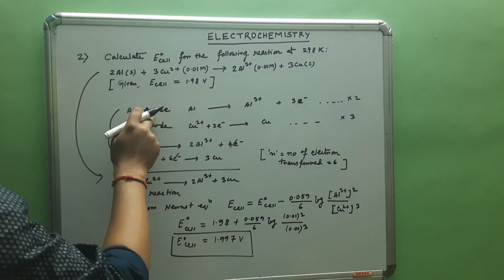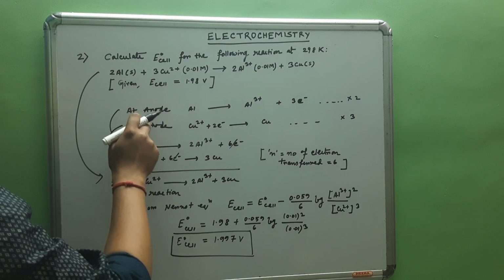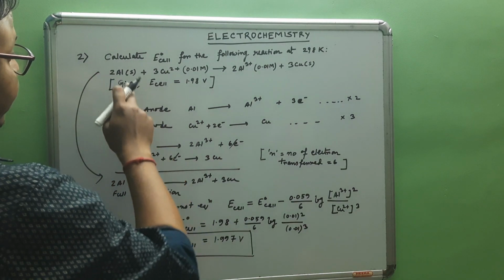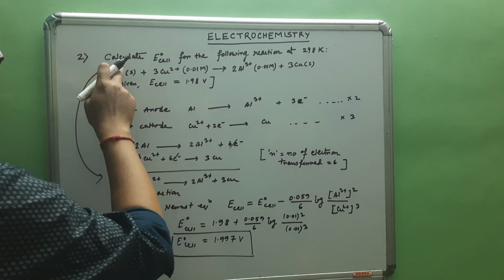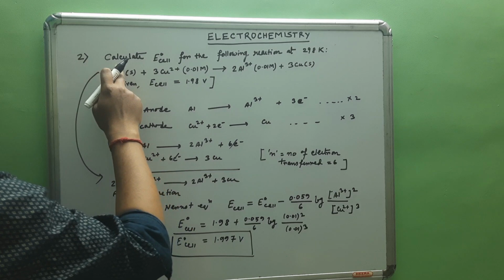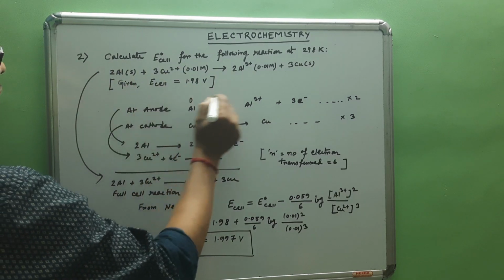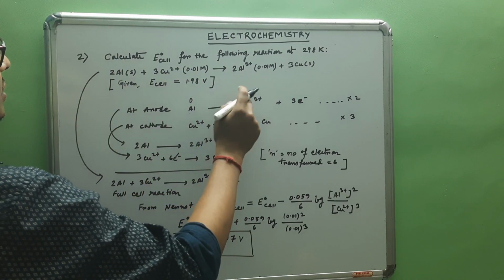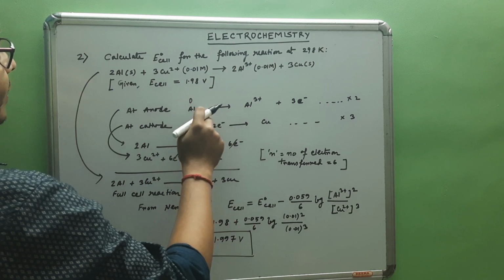So what happens in the anode part? In the anode part, oxidation occurs. That means aluminium, from neutral aluminium, becomes Al triple plus. Its oxidation state increases from 0 to triple plus, so aluminium oxidizes.